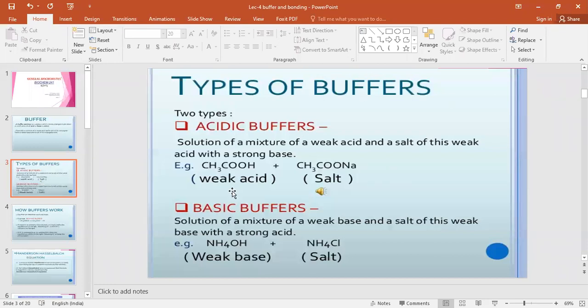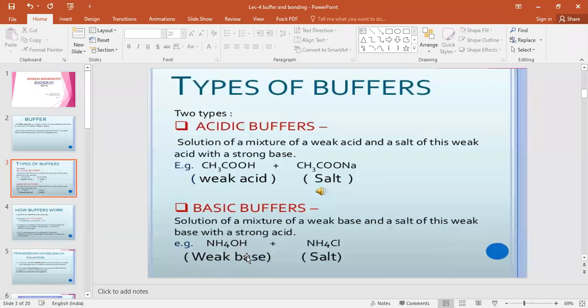So an acidic buffer is a solution of a weak acid and the salt of that weak acid with a strong base. And a basic buffer is a solution of a weak base and the salt of that weak base with a strong acid, vice versa.